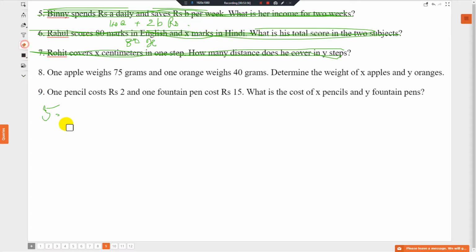See this question, this is interesting, I think. One apple weighs 75 grams and one orange weighs 40 grams. Determine the weight of x apples and y oranges. One apple is 75 grams, so what will be the weight of x apples?